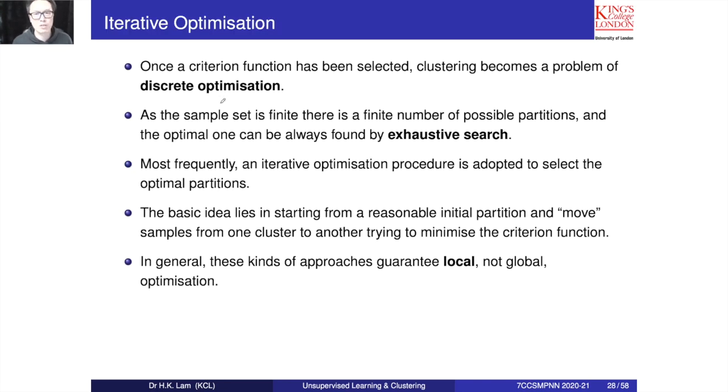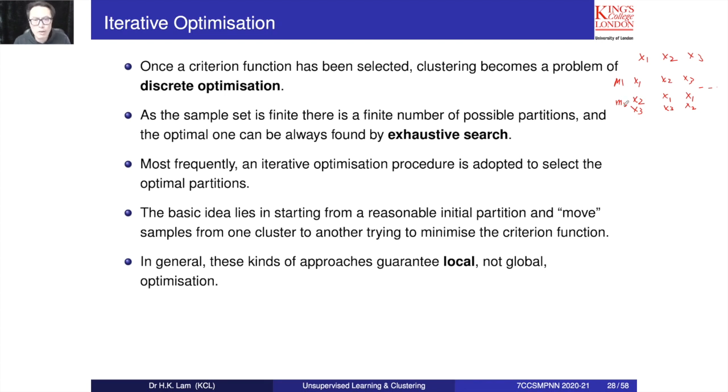Now, that is when we look at the k-means clustering. For example, we only have 3 points: x1, x2, x3. So that means we have a finite number of discrete combinations. For example, x1 belongs to m1, x2 and x3 belong to m2. Another case, that is x2 with x1, x3 with x3, x1 with x2, and so on.